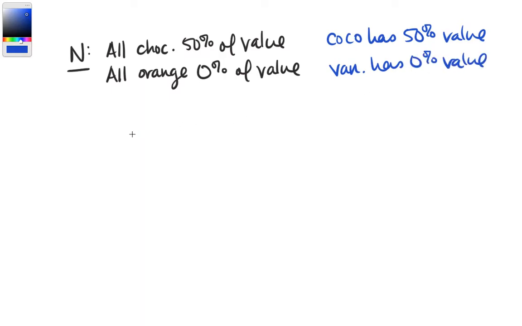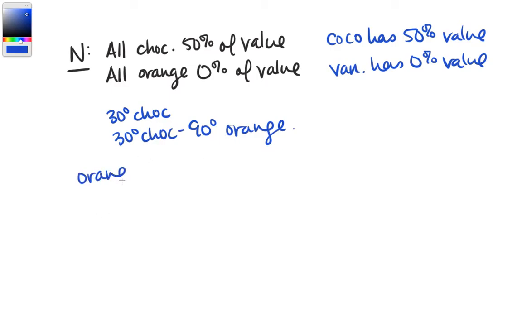Okay, but let's remember, he ended up with the 30-degree chocolate piece and the piece that was 30 degrees chocolate and all of that orange. Okay, so we only need to worry here about chocolate and orange. Well, the orange, he got 90 degrees of it, but he thinks it has 0% of the value.